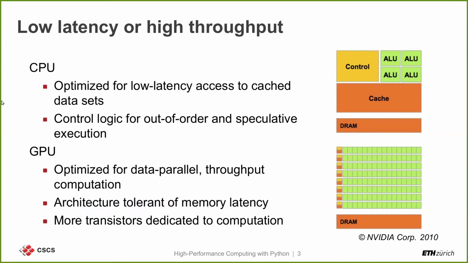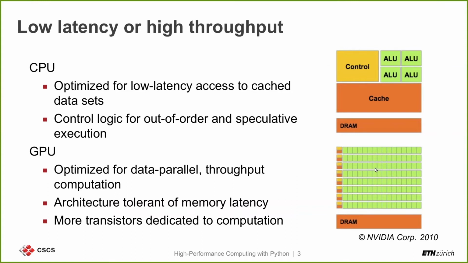So our CPUs are optimized for low latency access to cached data sets. So you see here that much of the area is dedicated to cache, while our logic and the control occupy a small portion of the CPU die. And it's optimized also for out of order and speculative execution.